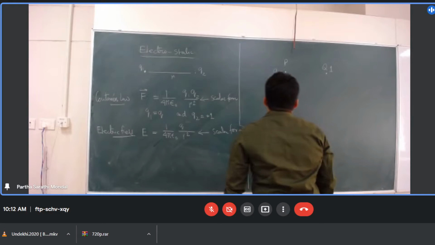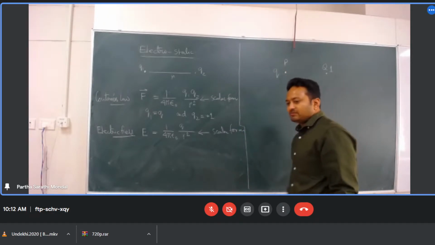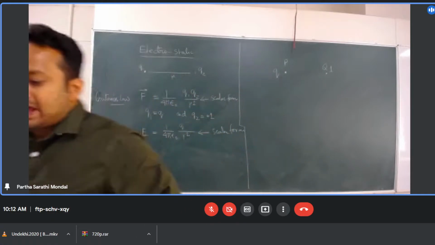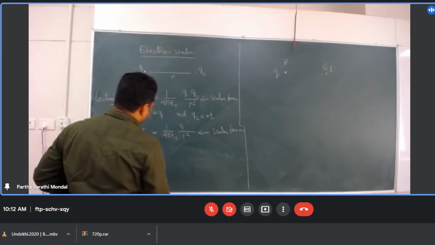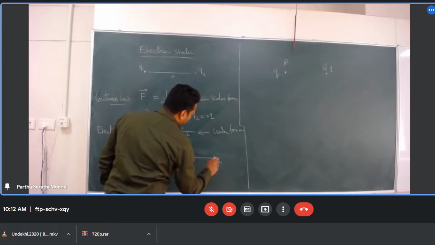Okay. So now, how will we describe the position of the point vectorially? So we know that if we want to describe the position of a point, what we have to do? We have to describe a vector.